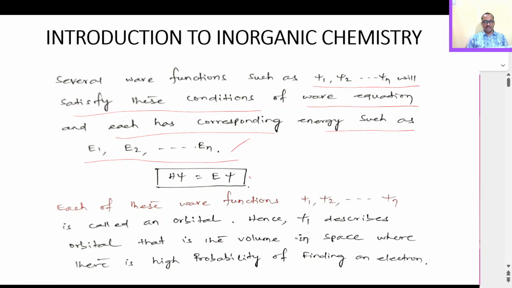So H psi equal to E psi, and each of these wave functions psi 1 up to psi n is called an orbital. Hence psi 1 describes an orbital, that is the volume in space where there is high probability of finding an electron.